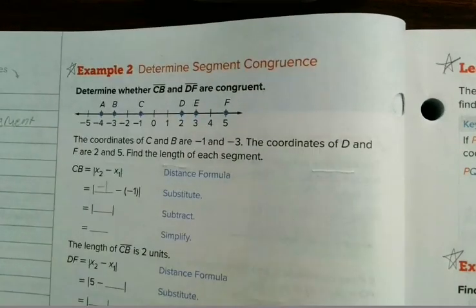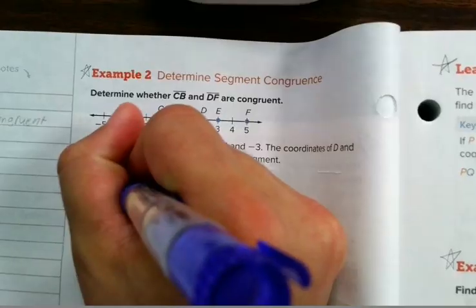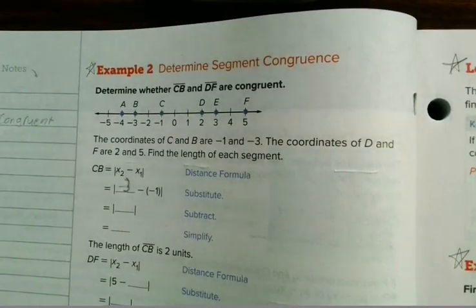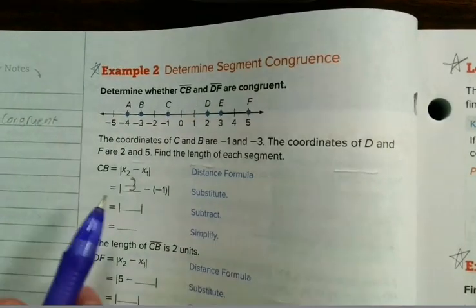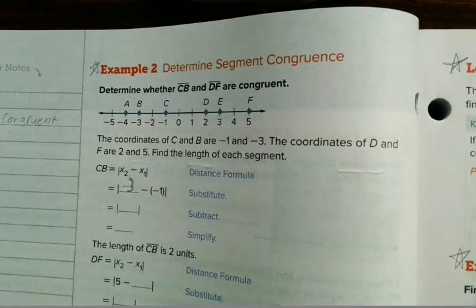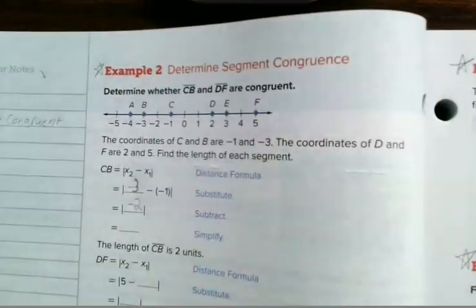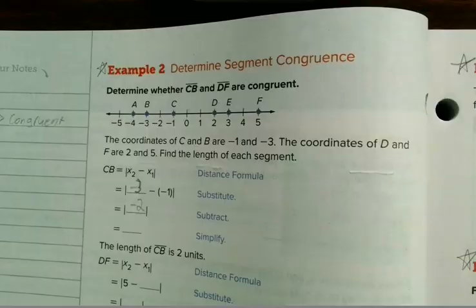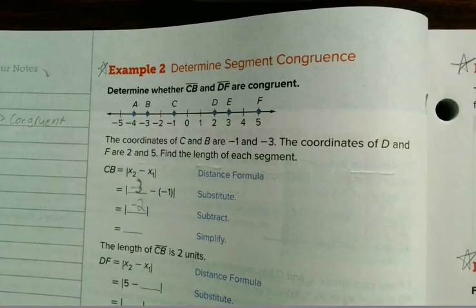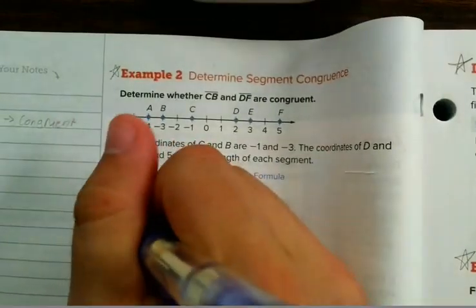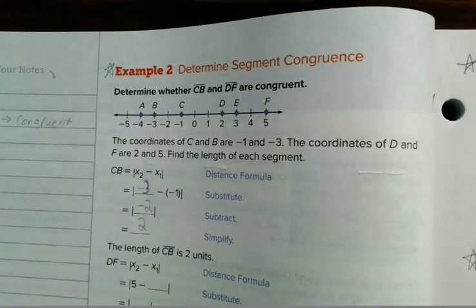I think it put the -1 right there, so I'm just going to put the -3 here. Either way works. We kind of showed that. Either way will work. And so we have -3 minus -1. What is that going to be? Negative 2, right? It's just integer rules. Negative 2, and then the absolute value of that, what is my final length? 2. Whatever number that is, it just turns positive.